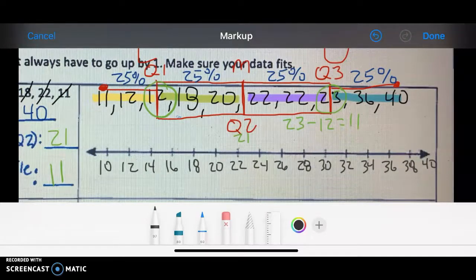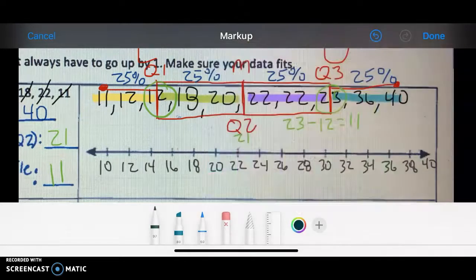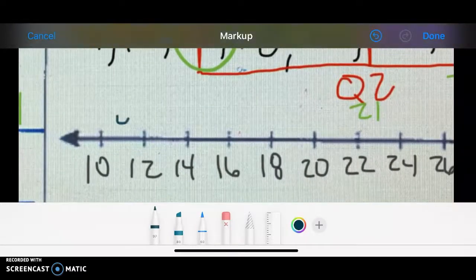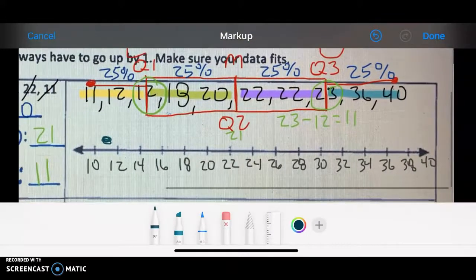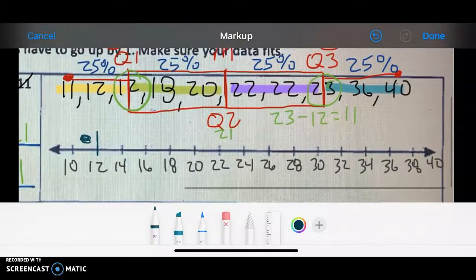All right, so now we just make that box plot on the number line, which should be easy money since we have all the information. Our smallest value was 11, so I'll go right here, and it always goes above 11. Our first quartile was at 12. This is where the box plot's going to look really strange. Then our median was at 21.